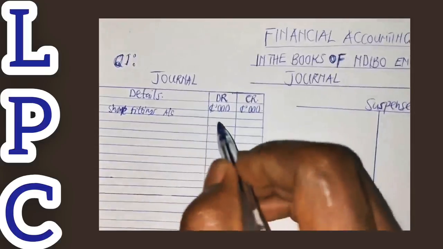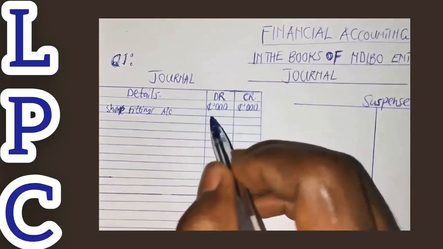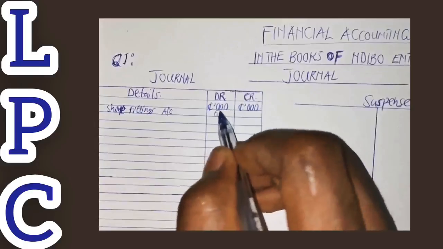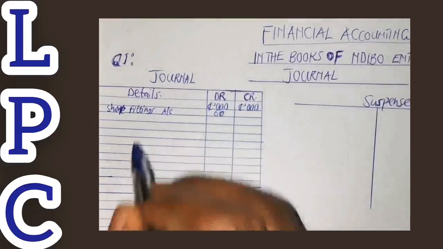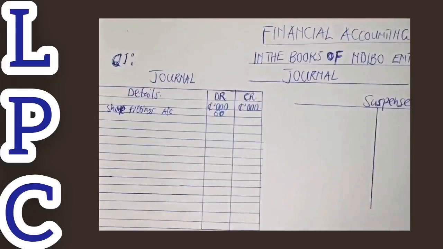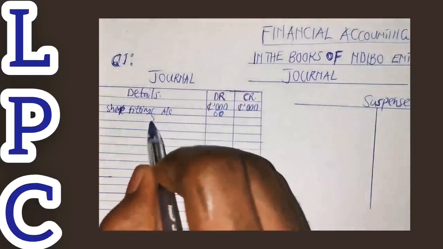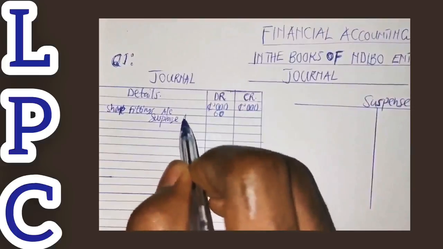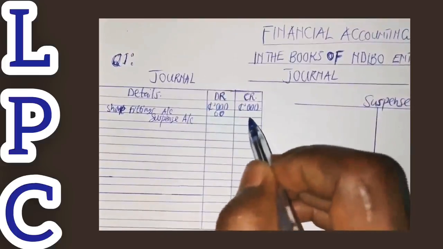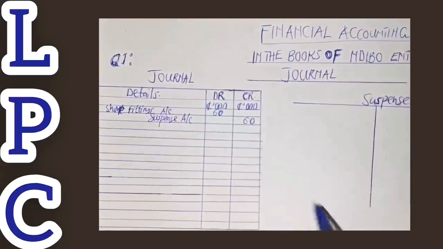I'm going to record 60,000, so 60. Then, because the error was made on one part of the account, the difference, which is 60, will go toward the suspense account. Which is what? 60. I hope that is clear.